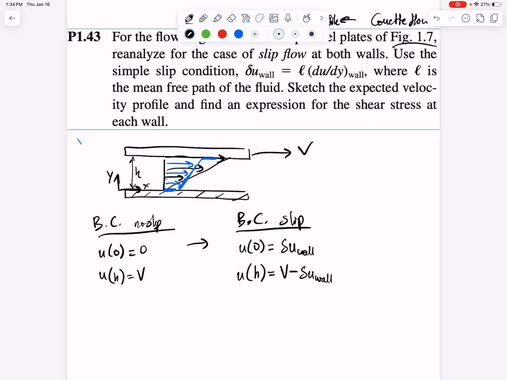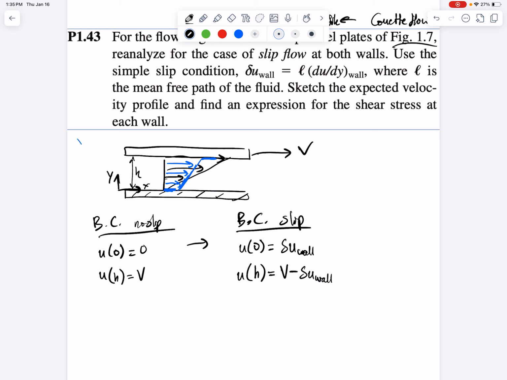So these new boundary conditions will give us a more skewed slope, as you see here. The reason is that if we integrate the velocity profile from the bottom plate to the top plate, it should equal that integration for the no slip condition. The integral should be the same for the slip condition because mass is conserved.